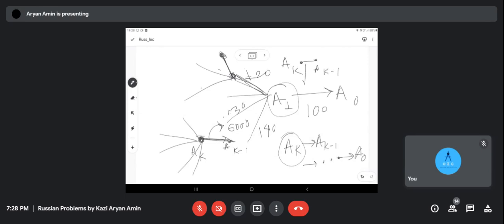For example, suppose a_{k-1} is, again, let's assume a random edge weight, say 100, and this is a_{k+2}. Suppose this is 20.